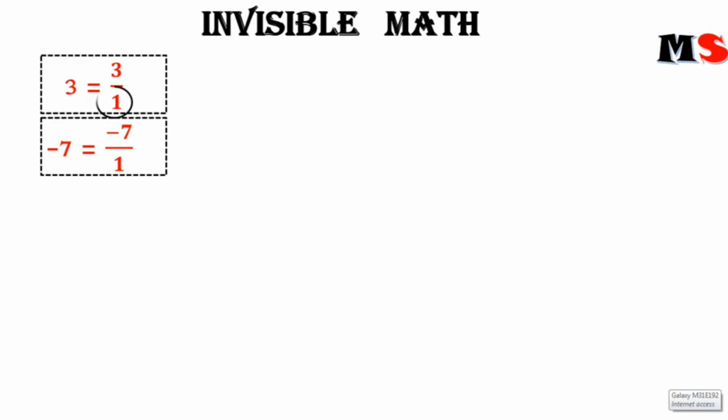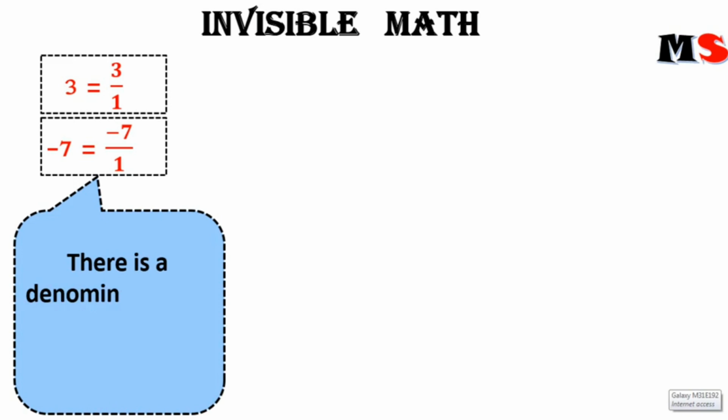Yes, the invisible term is the denominator 1. If we have an integer, we can write it as the numerator with denominator 1. So there is a denominator 1 for every number.